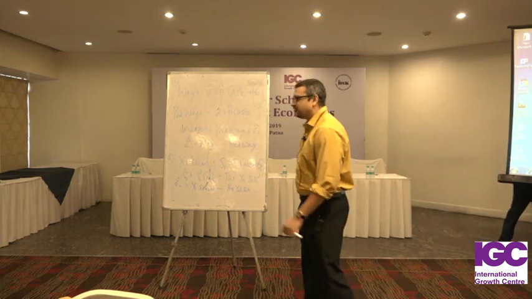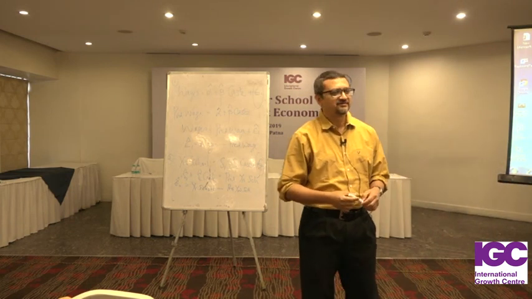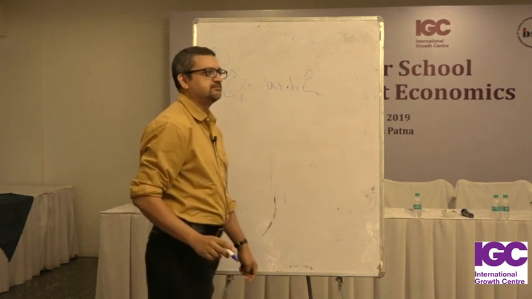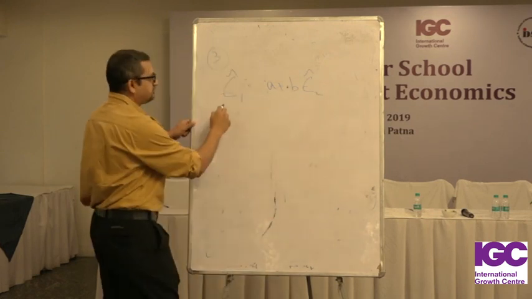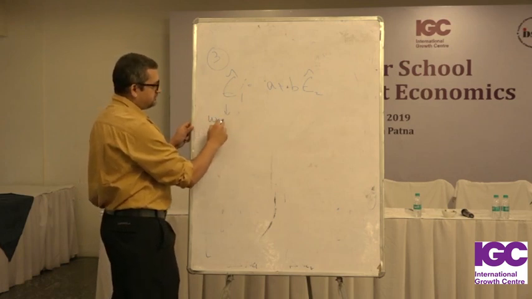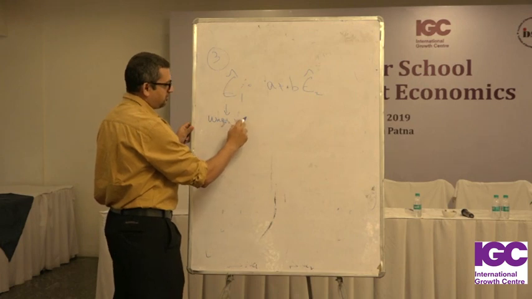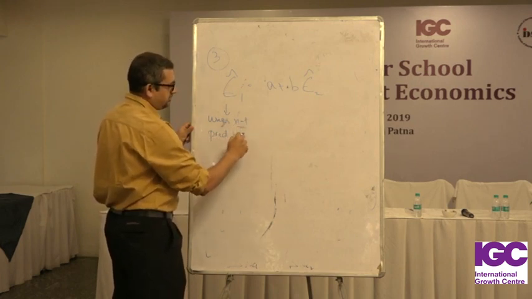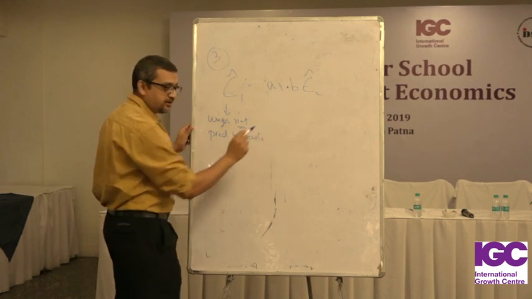Okay? What should step 3 be? Regress epsilon 1 hat on epsilon 2 hat. Okay? What is epsilon 1 hat? Just to remind you, it is the wages not predicted by caste, right.